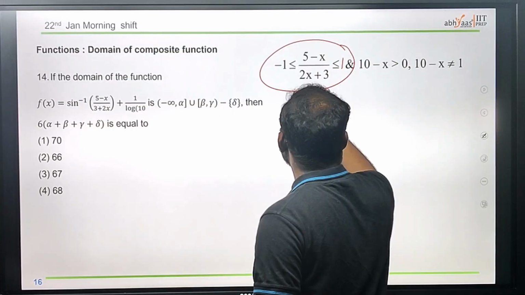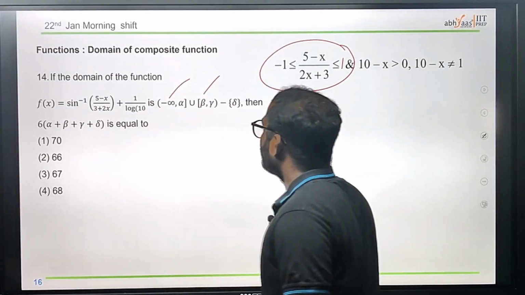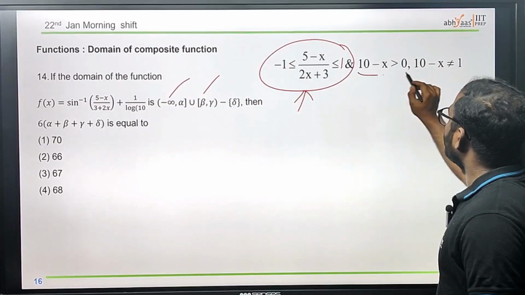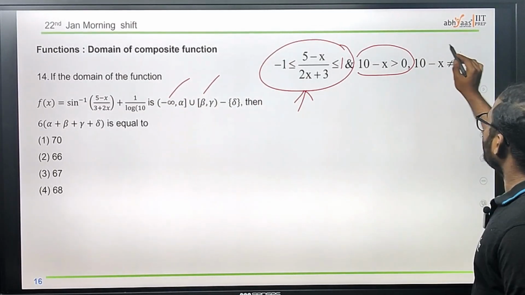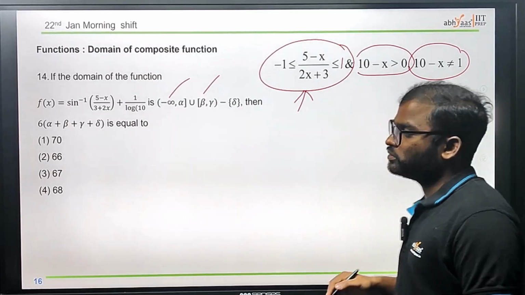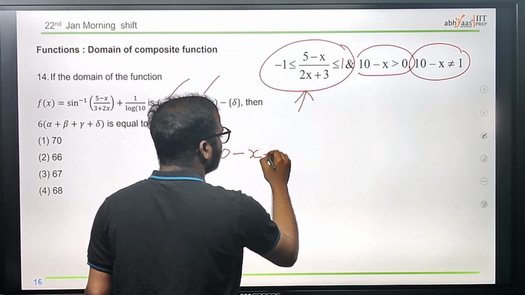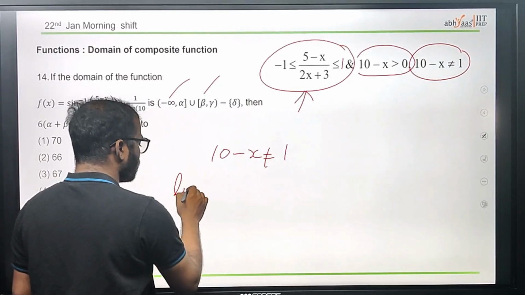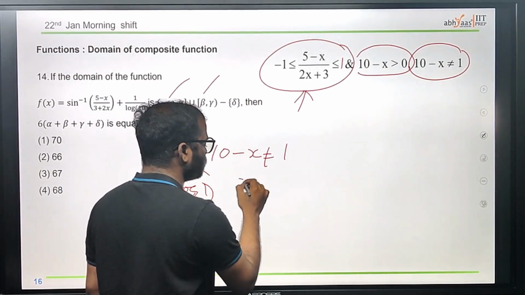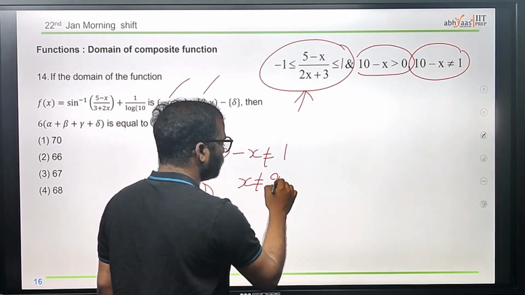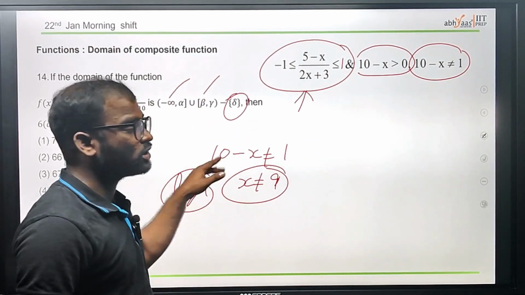From this we will get alpha and beta. And also we have 10 minus x, since it is log, it must be greater than 0, and 10 minus x must be not equal to 1. Sorry, in the previous I just wrote 10 minus x must be not equal to 1, since we know log 1 gives 0. For that reason, 10 minus x must be not equal to 1, so x must be not equal to 9. Therefore we got the delta.